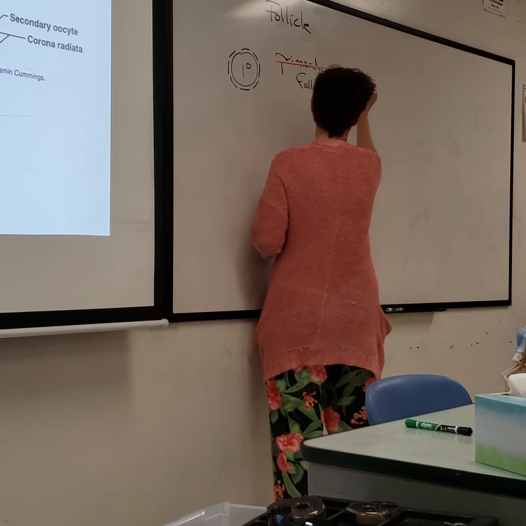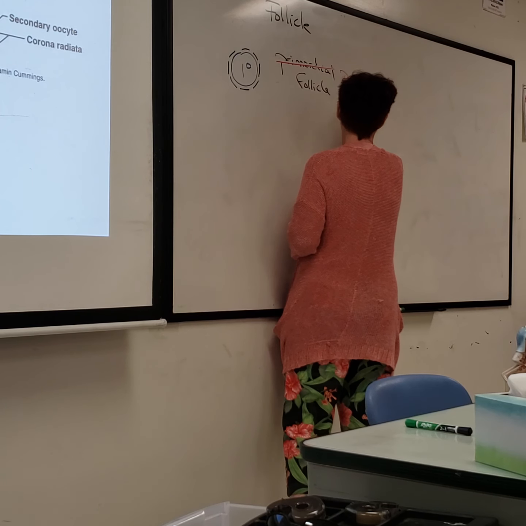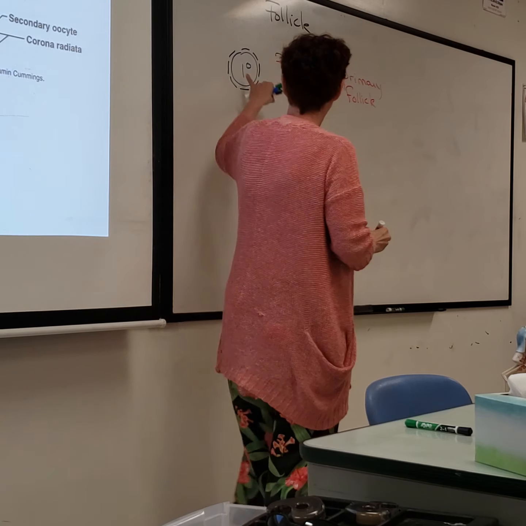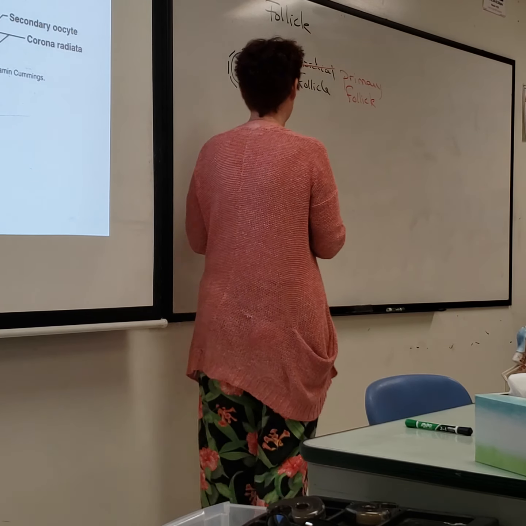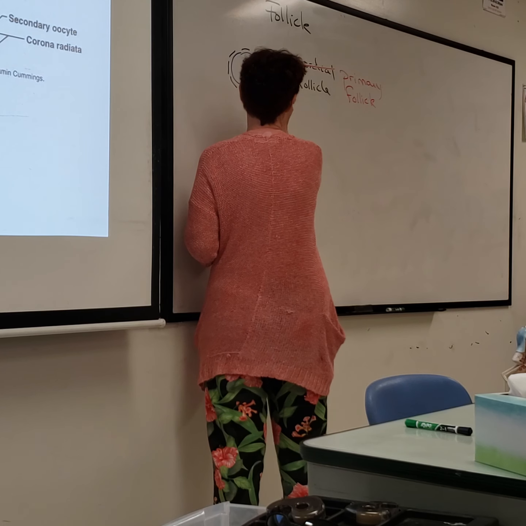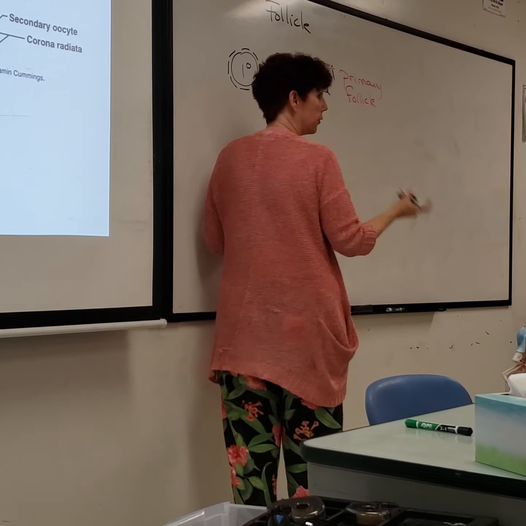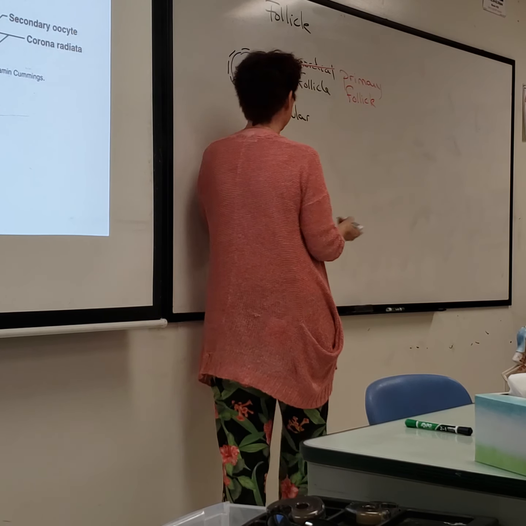We're going to identify that as a primary follicle. Okay? So primary oocyte surrounded by a single layer of flat follicular cells. Those cells that develop from the germinal epithelia instead of the Sertoli cells. So this would be equivalent or homologous to Sertoli cells.